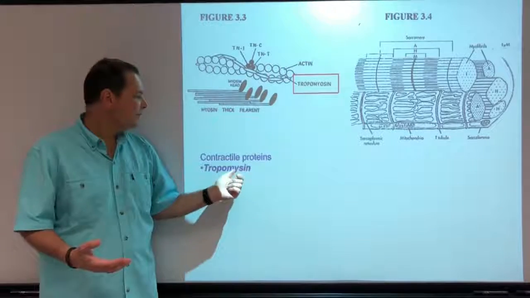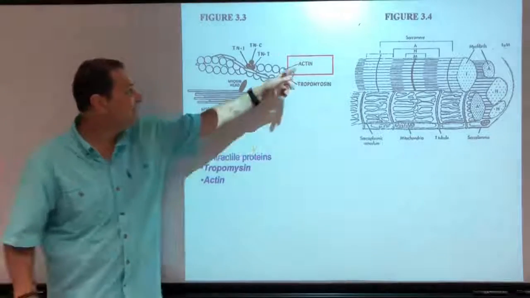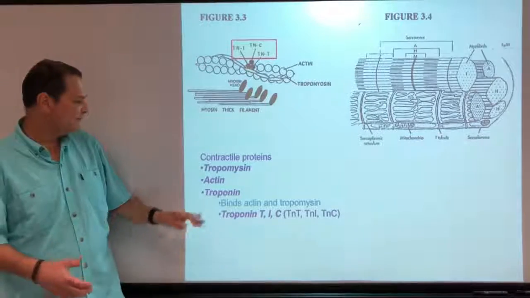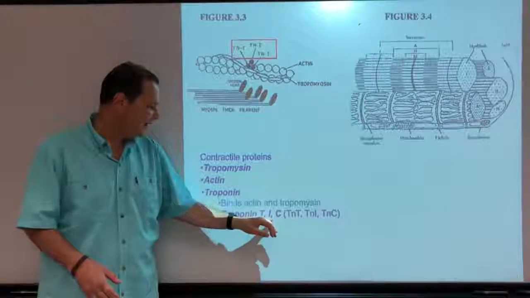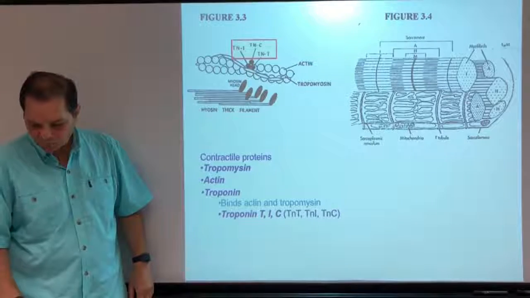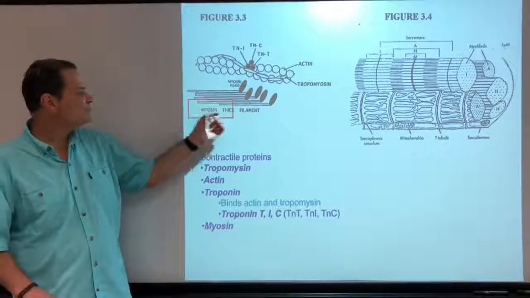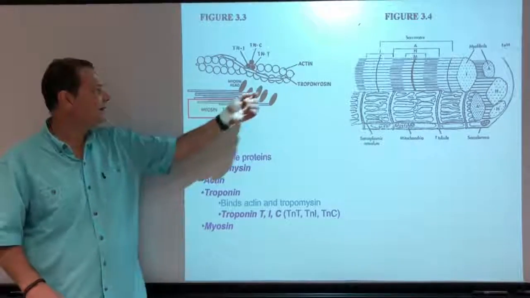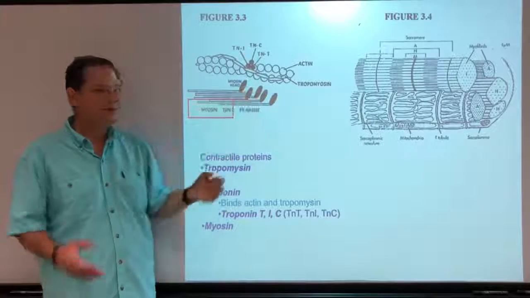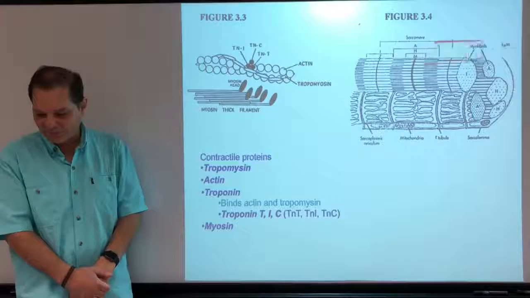We have tropomyosin, and we have actin here, and we have troponin, which actually has three different subunits, troponin T, I, and C here. Okay, so myosin forms your thick filament here, and these form your thin filament. And these two are going to interact to cause the cardiac muscle to contract in response to calcium.